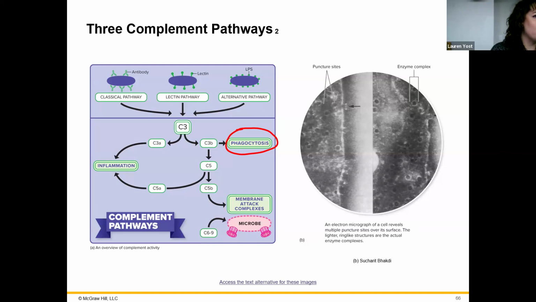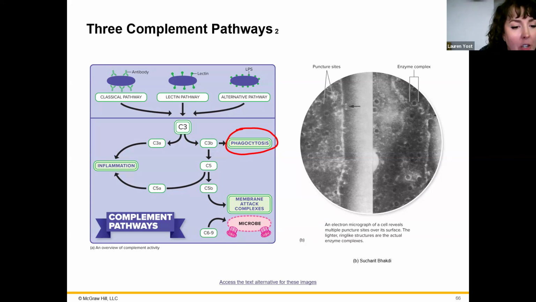We know many of those bacteria have the capsule. It makes it hard for phagocytosis. This puts a protein handle on the outside so that phagocytes can come along and eat up the bacteria easier. So that is going to help out with phagocytosis. Just FYI, the word that we're going to be introducing in the next chapter is called opsonization. That's what that is. Don't worry, we'll see it next chapter.